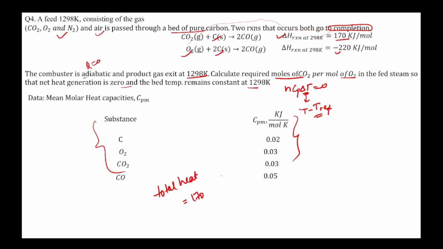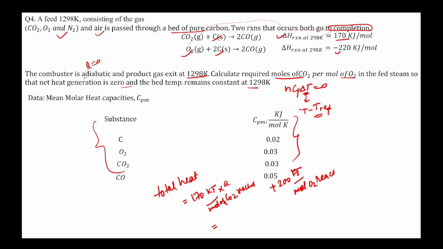Total heat will be 170 kilojoule per mole of CO2 reacted plus 220 kilojoule per mole of O2 reacted. Now, we have to account for the CO2 reacted, so we have to multiply with the moles of CO2.